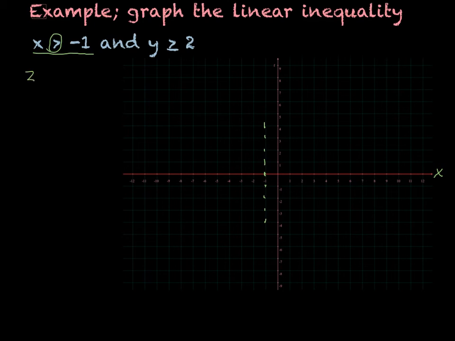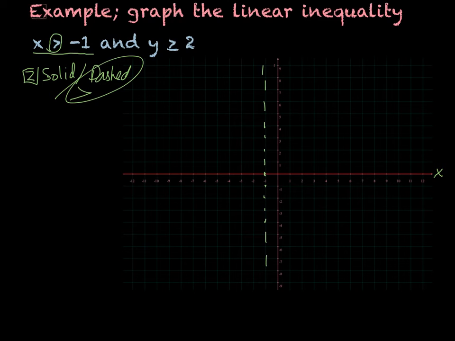But now I'm to the point of solid or dashed. It is a greater than sign, so it's going to be a dashed line. So I continue my dashed line up here. So that is my line, x equals -1.